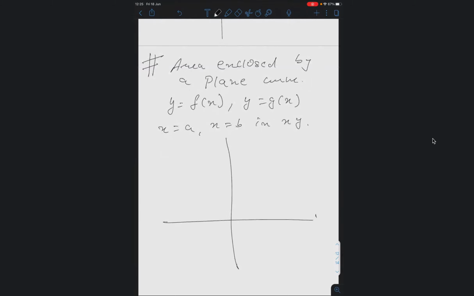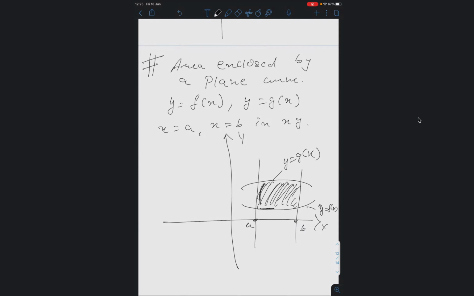Then if I draw this roughly, suppose I have x is equal to a, this is x is equal to b, and two curves. So this is my curve y is equal to g of x. This is my curve y is equal to f of x. This point is a, this point is b. So this part I need to calculate.